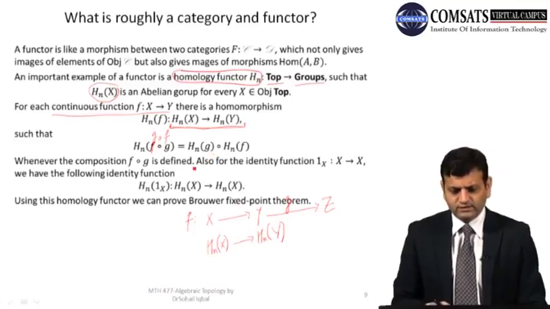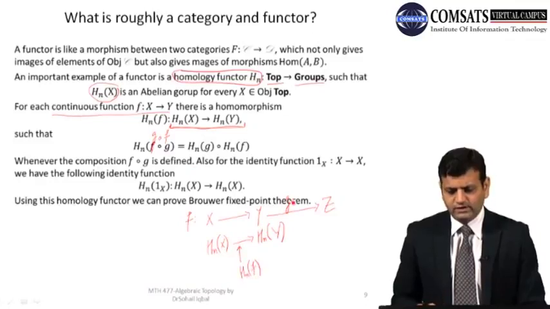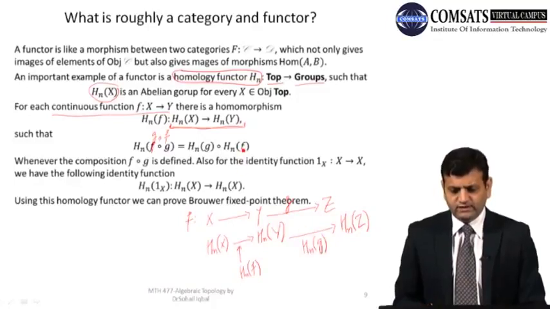As we have seen, it takes X to Hn(X), Y to Hn(Y), and f to Hn(f). Similarly, it takes g to Hn(g), and it takes Z to the abelian group Hn(Z). So we can see that we will first compose this homomorphism with this homomorphism. That's how it gives me images of the composition.